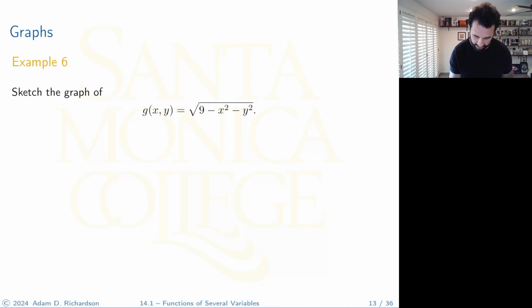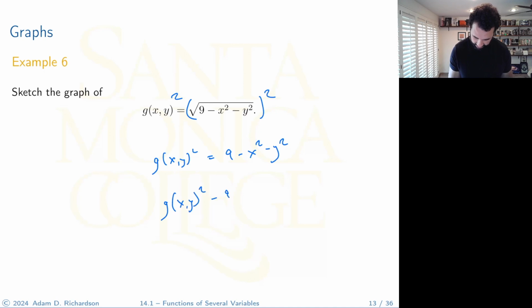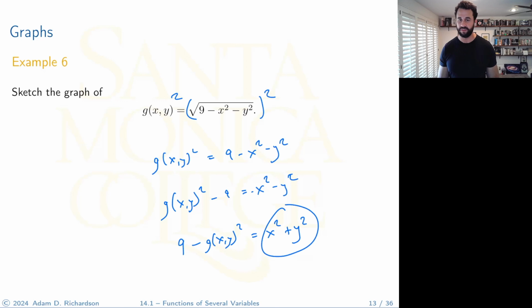If I square both sides, I'm going to get g of x comma y squared equals 9 minus x squared minus y squared, which I can simplify a little bit. g of x comma y squared minus 9 equals negative x squared minus y squared. Multiply both sides by negative 1: 9 minus g of x comma y squared equals x squared plus y squared. There's some circular stuff going on here.